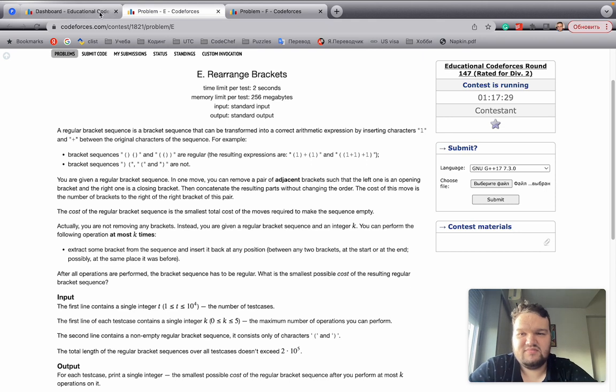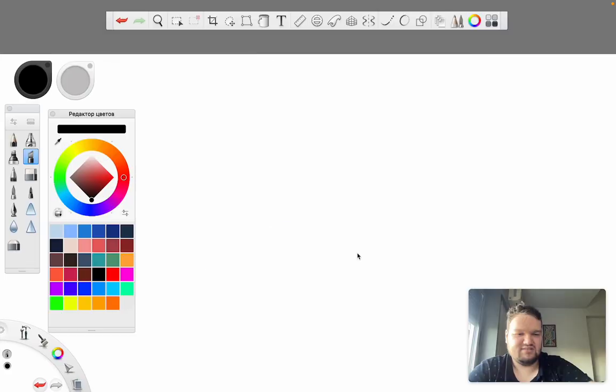Okay, so let's prove the things that I said. We can look at the regular bracket sequence as this graph of balances.